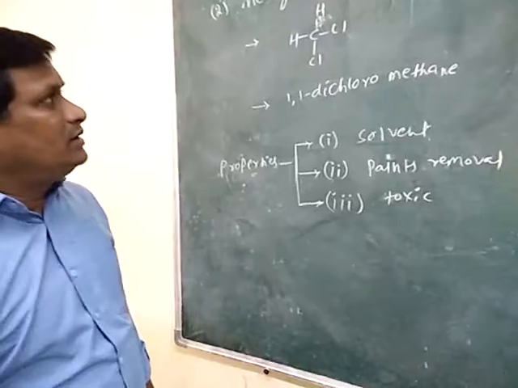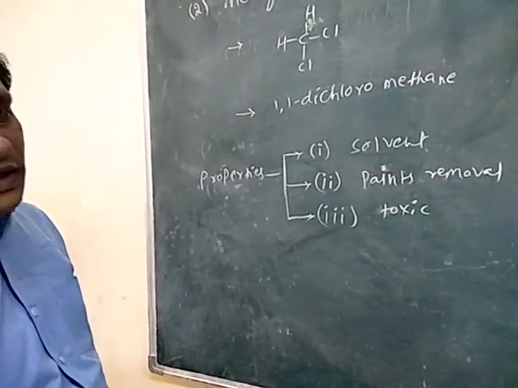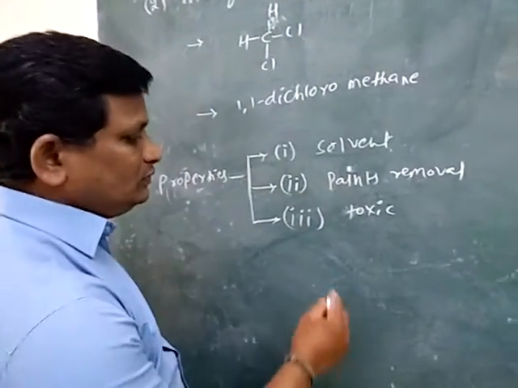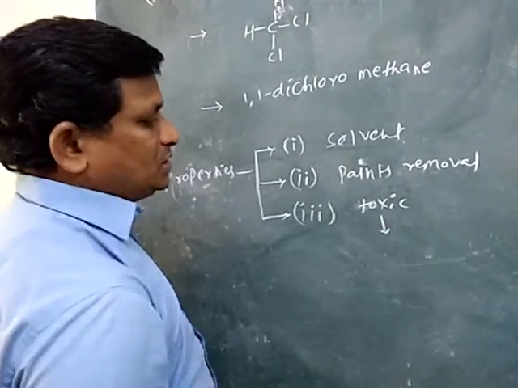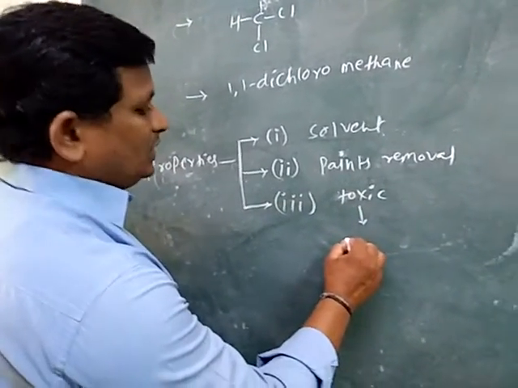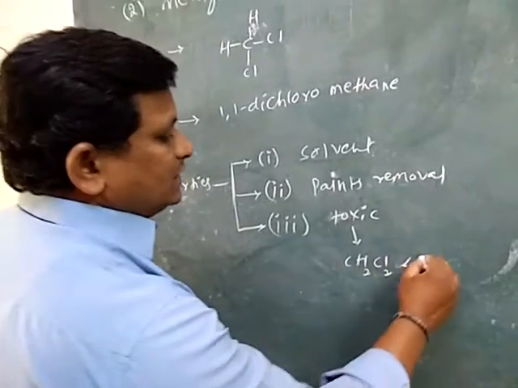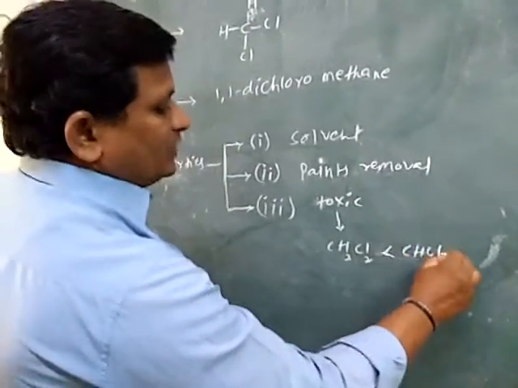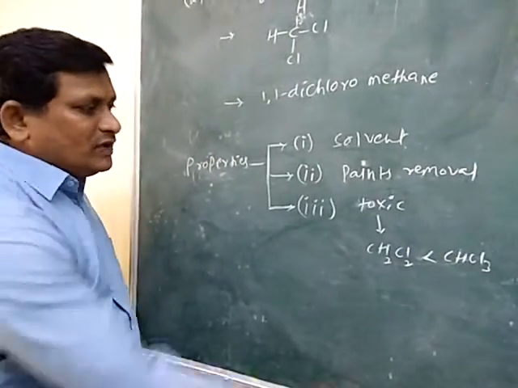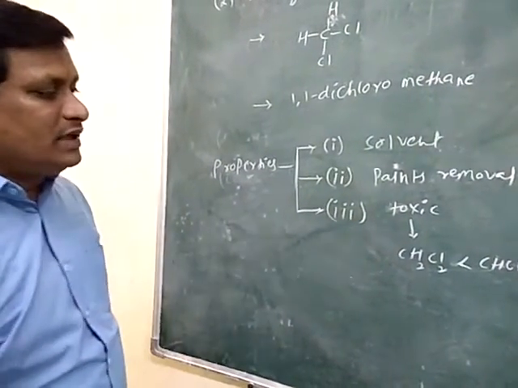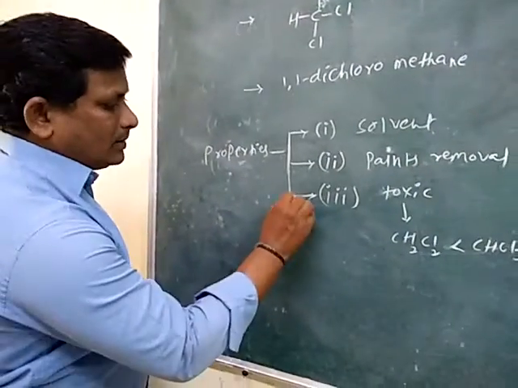The toxicity of methylene chloride, CH2Cl2, is less than that of chloroform, CHCl3. Chloroform is more toxic than methylene chloride.